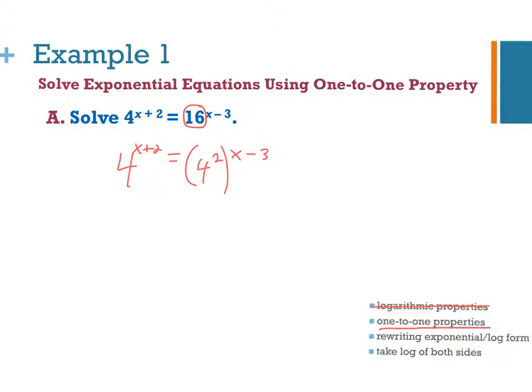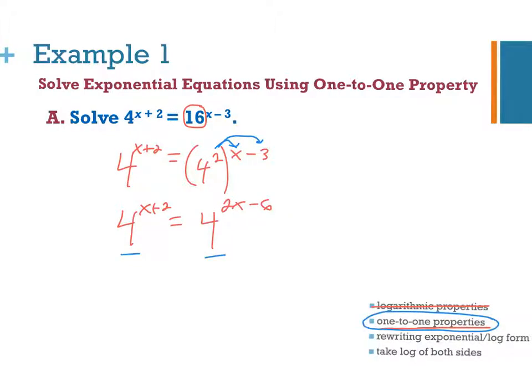Since we've written it in the same base of 4, I can use properties of exponents by multiplying the 2 to each part of the exponent on the right side. So I get 4 raised to the 2x minus 6 power, and it's still equal to 4 to the x plus 2 power. Now that I've written them in the same base, I can use the one-to-one properties.